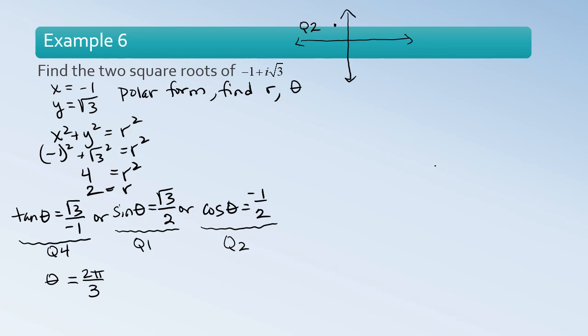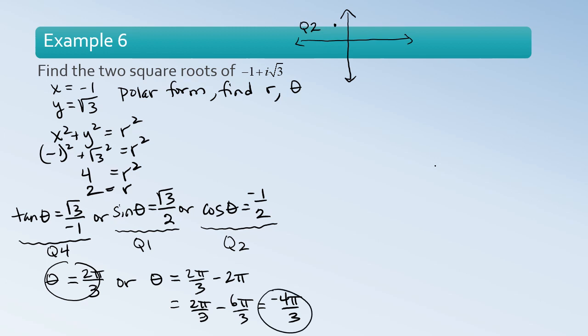I've got 1 theta, another way of writing theta, and it can be anything that you want. I can add 2 pi, take away 2 pi, but I have to make sure that I'm in the second quadrant. I'm going to go ahead and take that 2 pi over 3 and I'm going to subtract 2 pi. Now that's the same thing as subtracting 6 pi over 3, which is going to give me -4 pi over 3. So those are the 2 thetas that I'm going to use.